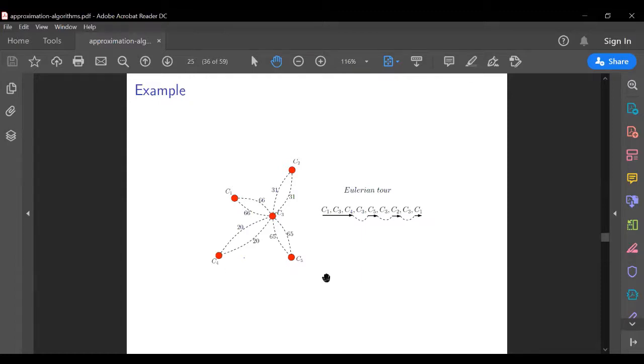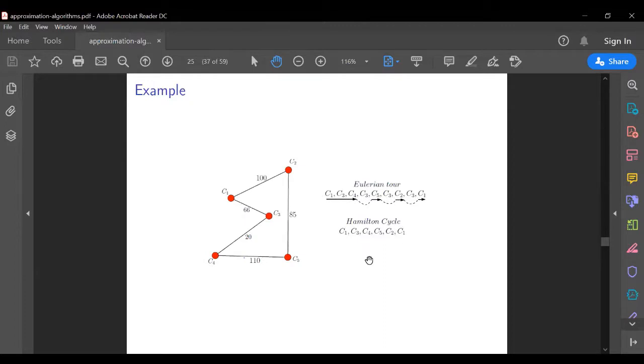So now from this I have to find a Hamiltonian cycle. In a Hamiltonian cycle, I have to visit each and every vertex once and come back to the same place where I have started. So you start with C1, C3, C4, then C5, C2, and come back to C1.